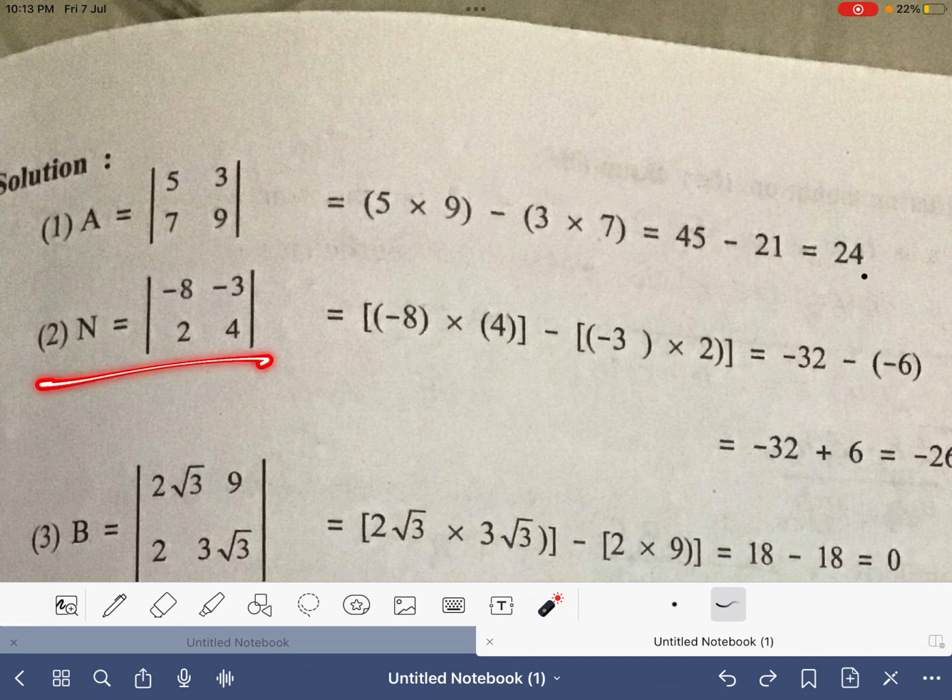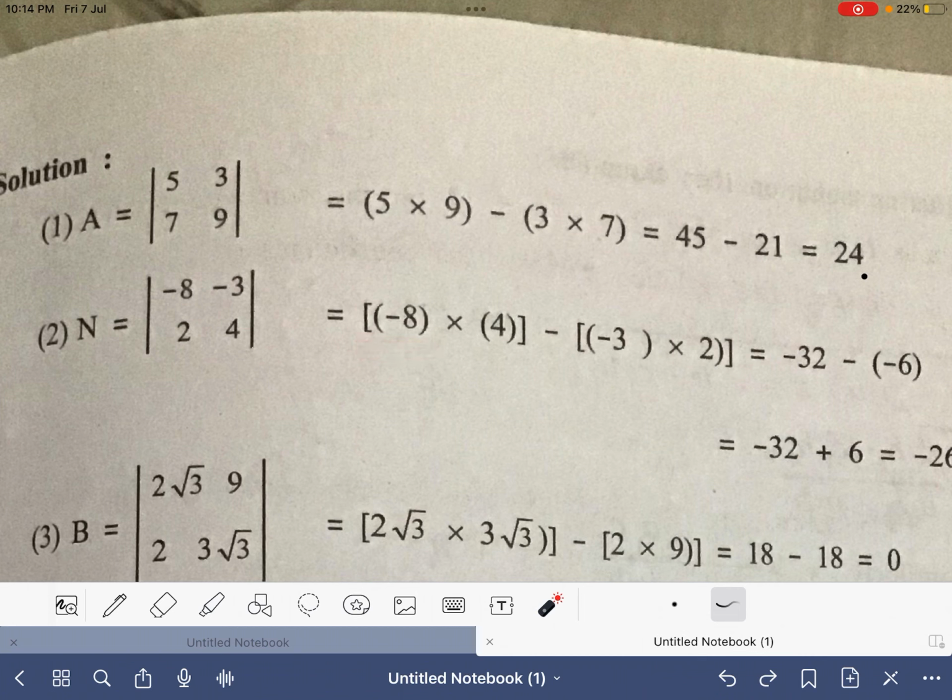Now next question is, we have to find the value of n. So for that, the determinant is 8, minus 3, 2, 4. This is the determinant, and we have to find a value by solving this determinant. So as per the previous case, multiply these two numbers minus multiply these two numbers.